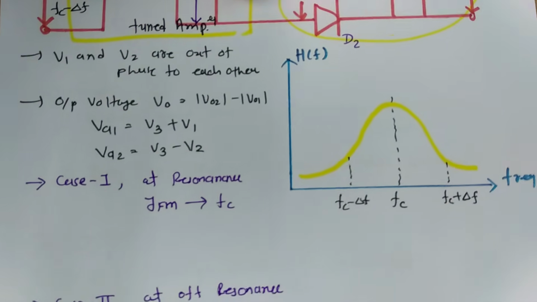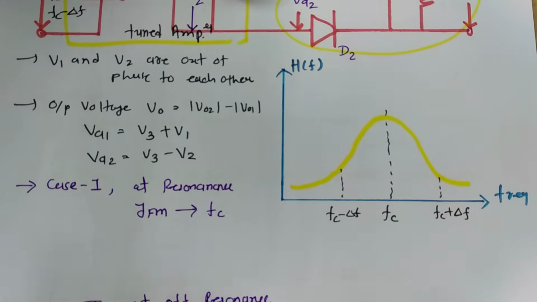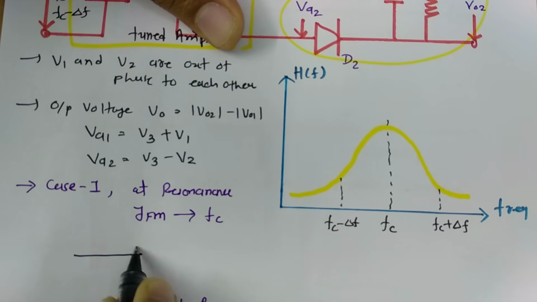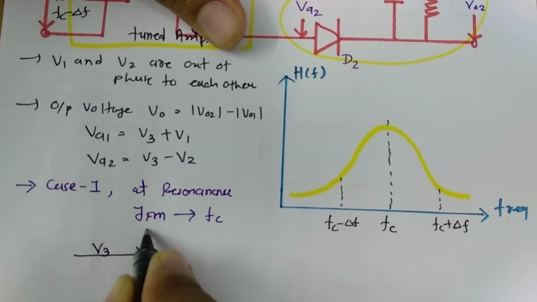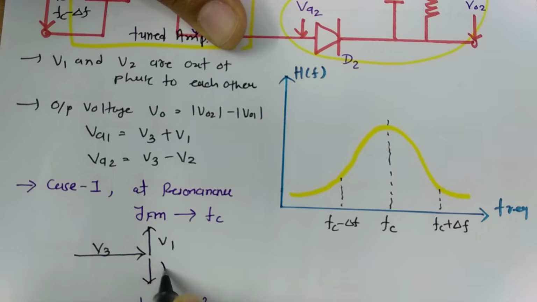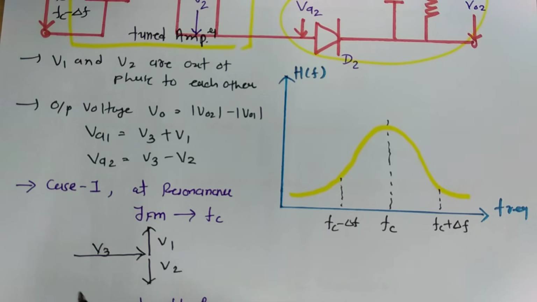So as FM is tuned at frequency FC, this V3 voltage will be at 90-degree phase with V1 and V2, and V1 and V2 both are out of phase to each other.